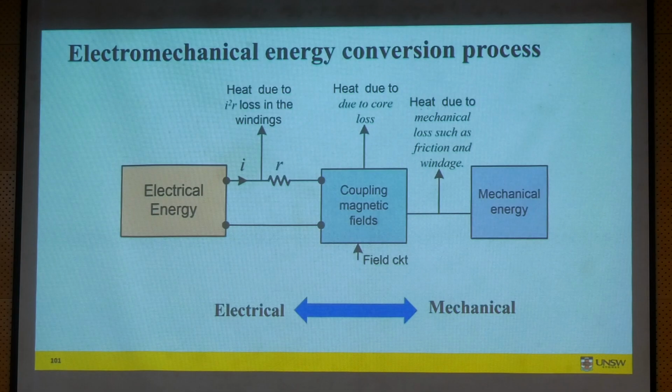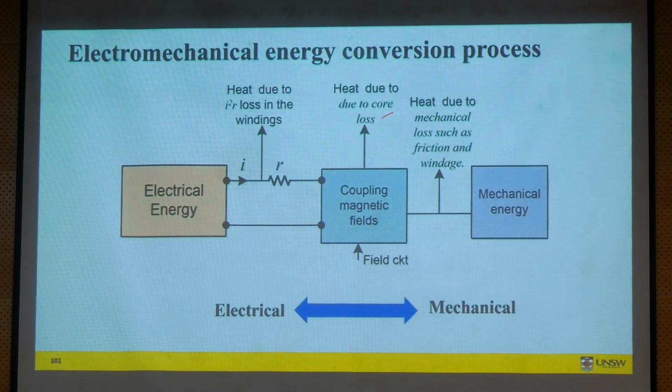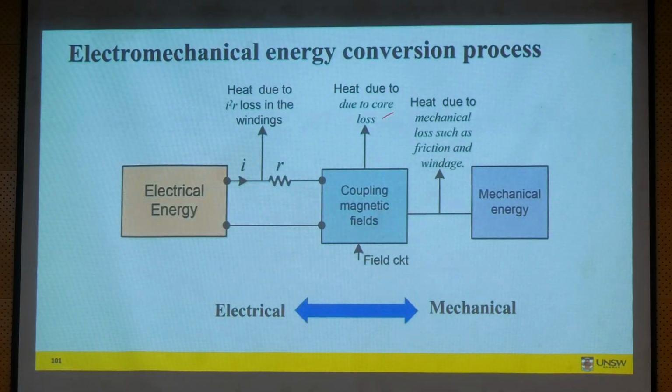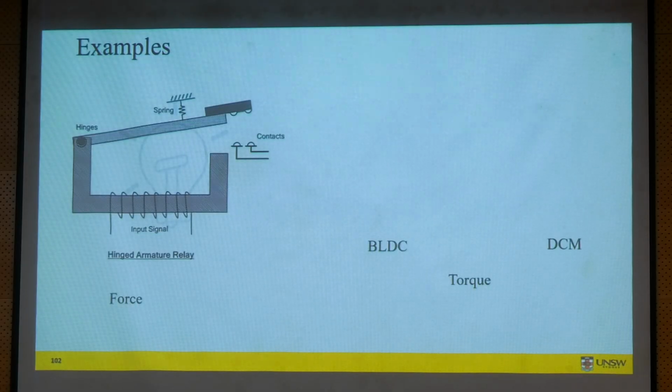In between, again, you could have some losses, like in the magnetic field, the loss is in your core, the eddy current and hysteresis loss. After it converts to mechanical energy, the loss is friction, etc., the mechanical loss. And whatever remains is your mechanical energy.